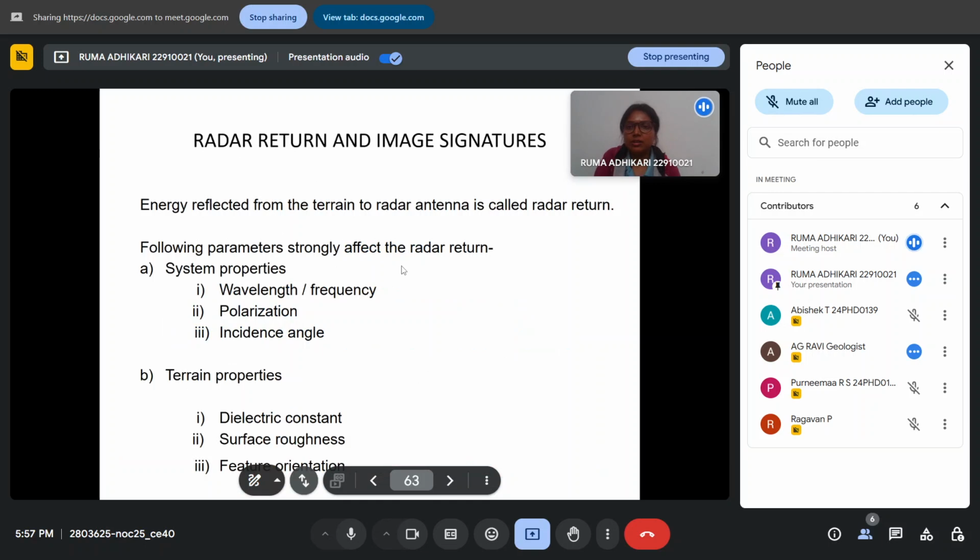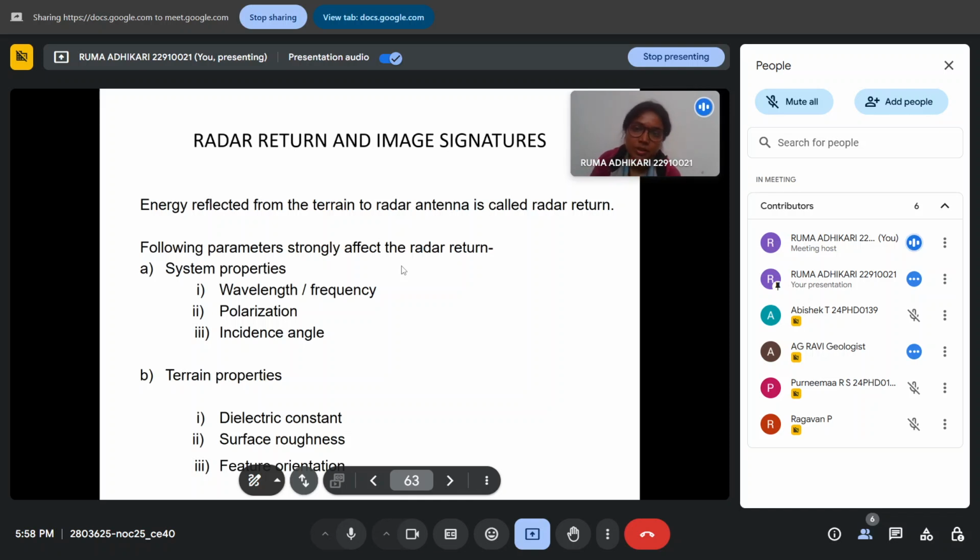Some fundamental terminologies to know for radar or SAR: the energy reflected from the terrain to the radar antenna is called radar return, and it gets affected by two types of properties. You will get in many books and lectures mainly the terrain properties, not the system properties. System properties are also very important. So I divided these two types.